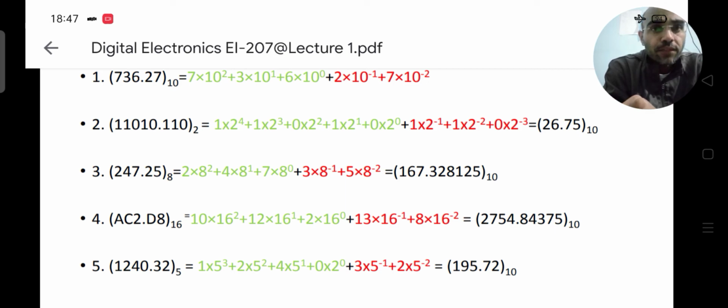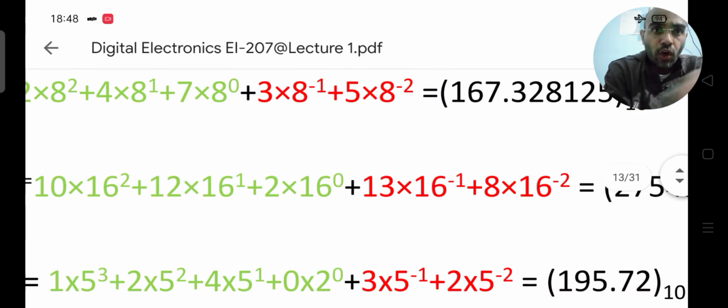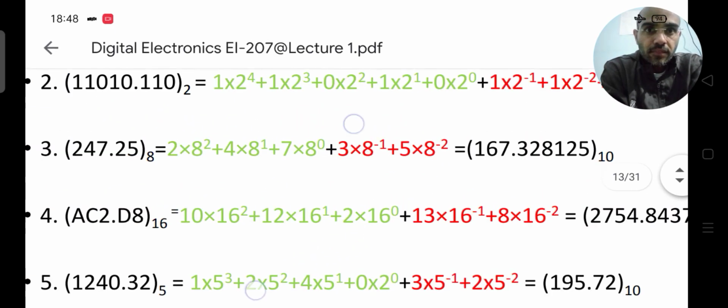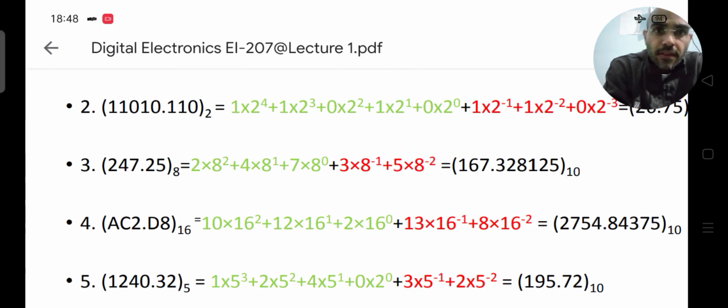If we have to convert this number into decimal, what we have to do is represent the number in the general polynomial form. The general polynomial form is nothing but starting from the MSB. So 1, there are 5 places.